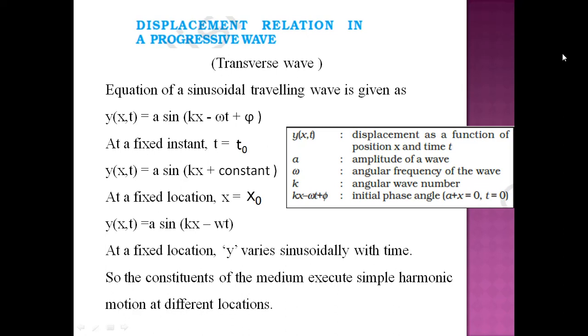But at a fixed location or position, when x equals x0, then y(x,t) will be equal to A sin(kx - ωt). So at a fixed location, y varies sinusoidally with time. That means it follows the sine function. So the constituents of the medium execute simple harmonic motion at different locations.